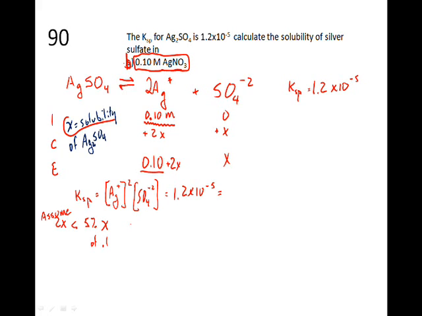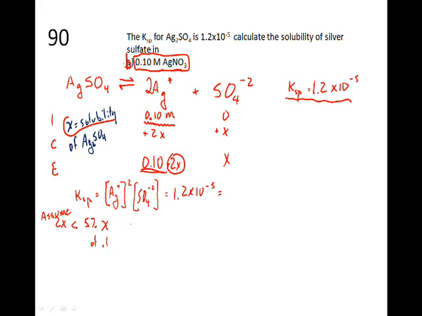Now we're still going to make this assumption, and it's not a terribly clean assumption because this is still a fairly large Ksp, but it's actually going to work if you test it out. It's going to be less than 5% error, and we're going to make the assumption that 2x is really small compared to 0.1, and so we're going to drop it out of our equation.